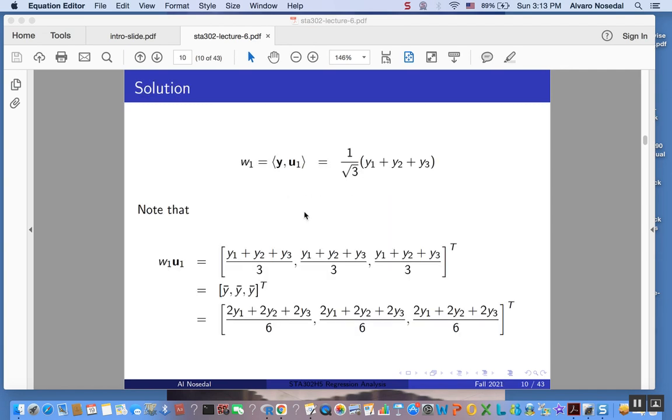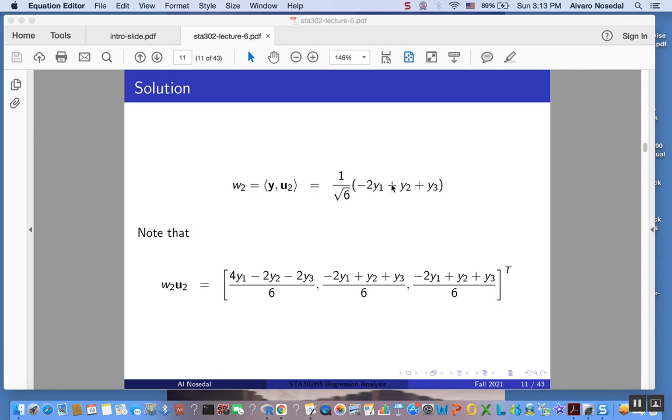Okay, so when you do the algebra, you end up with this. And that's just the coefficient, the multiplier that is going to affect u2. And then when you do this, w2 times u2, you end up with this.